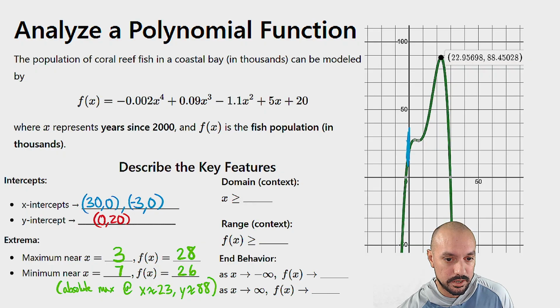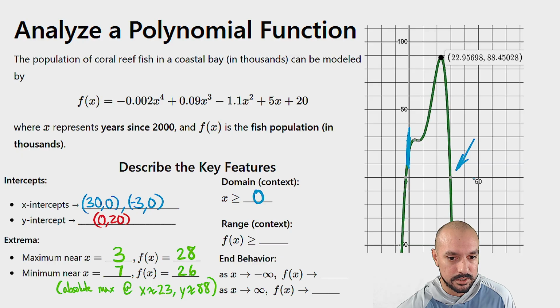I'm going to cut this off here at x equals 0, and so we'll say that x is greater than or equal to 0. And I can see that the population dies down here. This is 10, 20, 30, like 2030. So maybe they're predicting that the population is going to end in 2030.